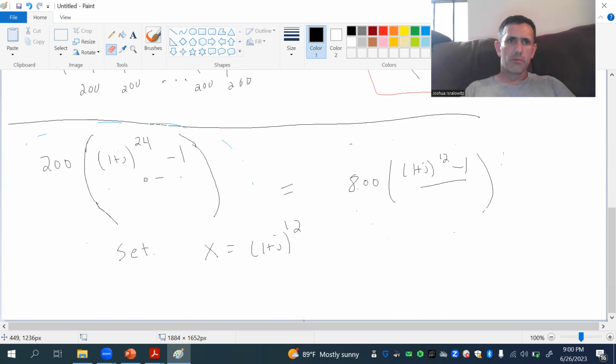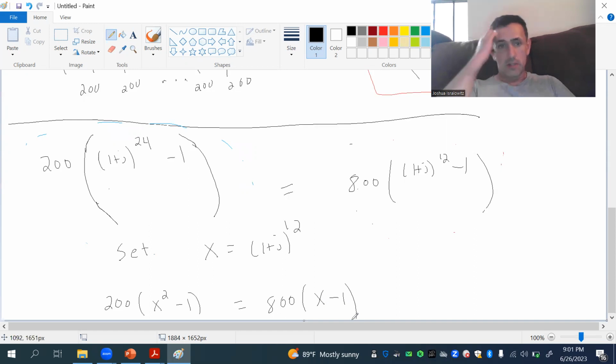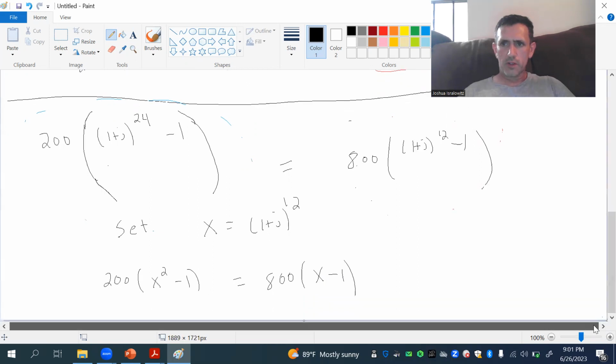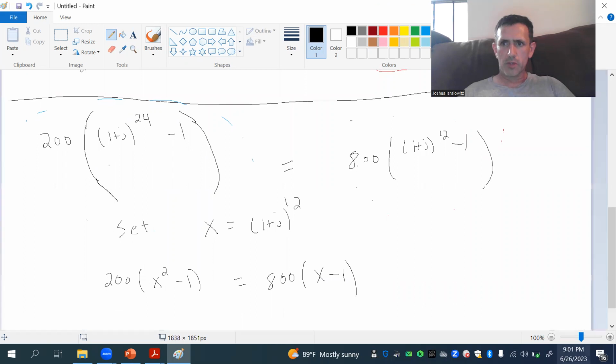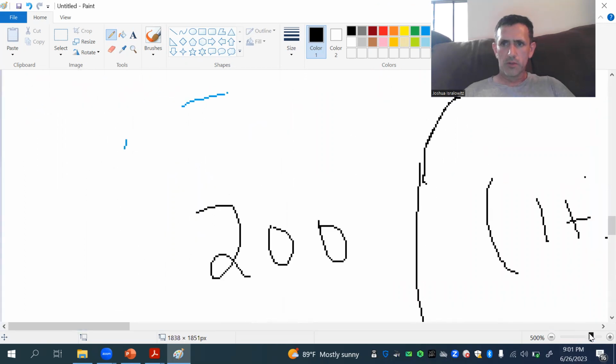Get rid of the fractions here, because j is the 3-month interest rate. So what do I have here? Well, you need to recognize that this is x squared and this is x. Now this is nice and easy to solve. Sorry, it's a bit of a pain, so just bear with me a second.